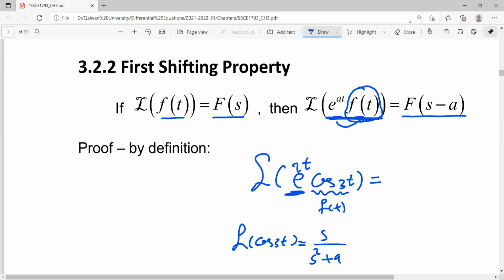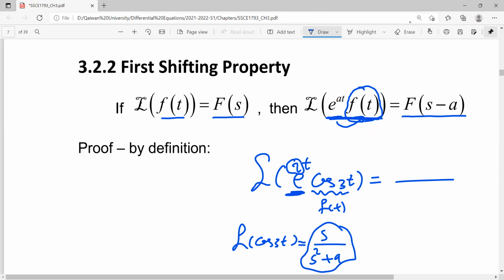And here a is 2. A is the coefficient of the exponent of e.